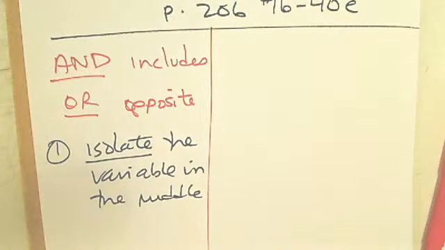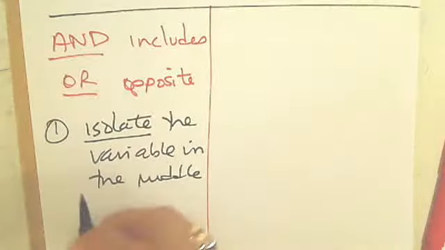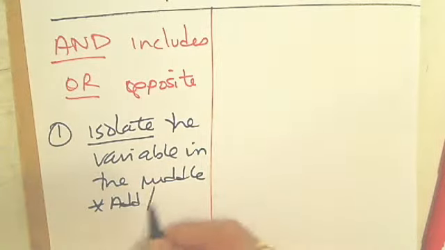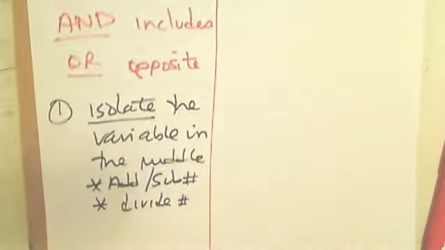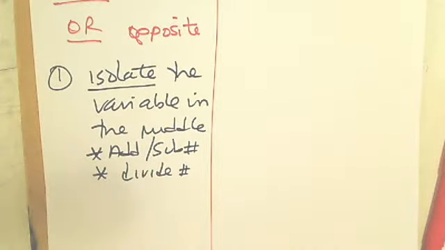How do we do that? We either add or subtract the number, and then lastly, divide the number. So we're going to have to get the letter in the middle by itself.